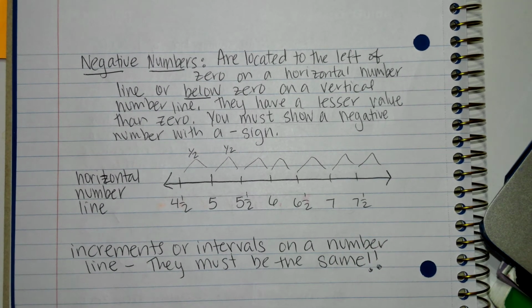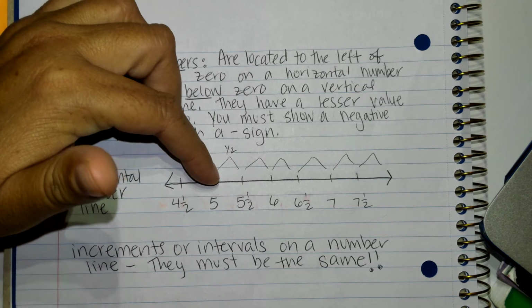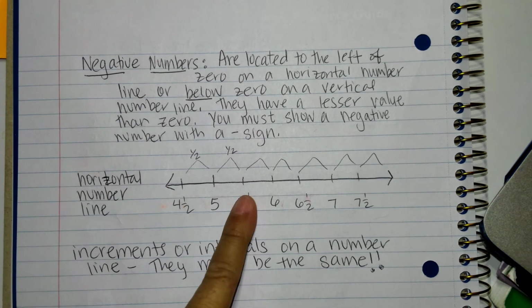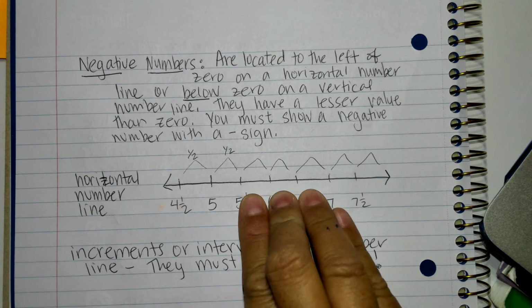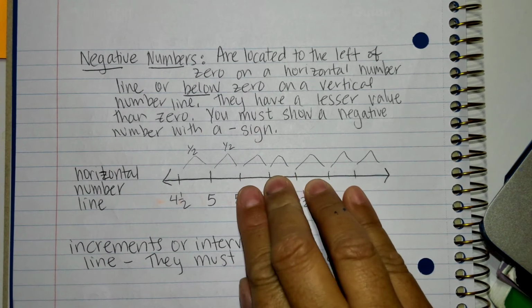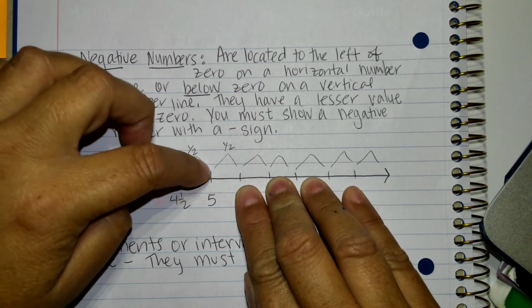And what that means is when you are drawing a number line, you can't go from 4.5 to 5 and then have these next numbers not be a half number between.